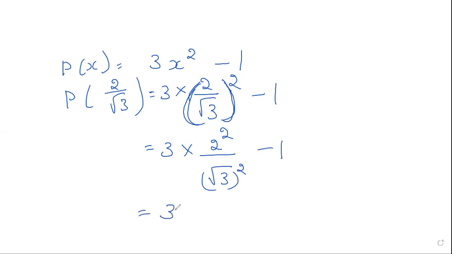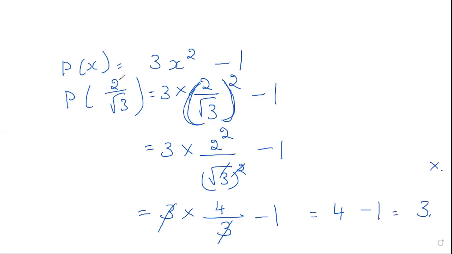That is equal to 3 into, what is 2 square? It is 4. So the 2 cancels with the square root. So I will write 3 minus 1. That is equal to, again you can cancel 3 and 3. What is remaining here? 4 minus 1, that is equal to 3. So we are not getting 0.